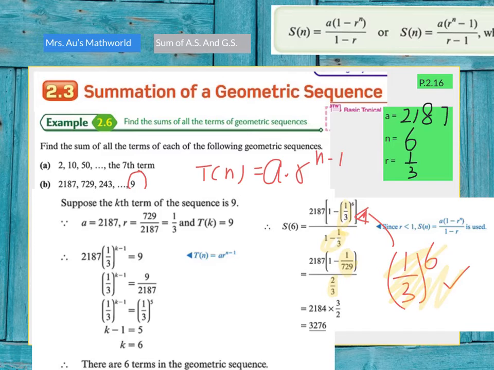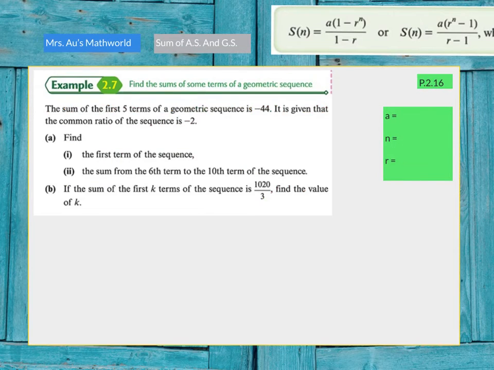All right, so please remember the formula for the geometric sequence, and then use it to do further calculations. So let's look at example 2.7. This time the question has some different information. The first one is the sum of the first 5 terms of a geometric sequence is negative 44.